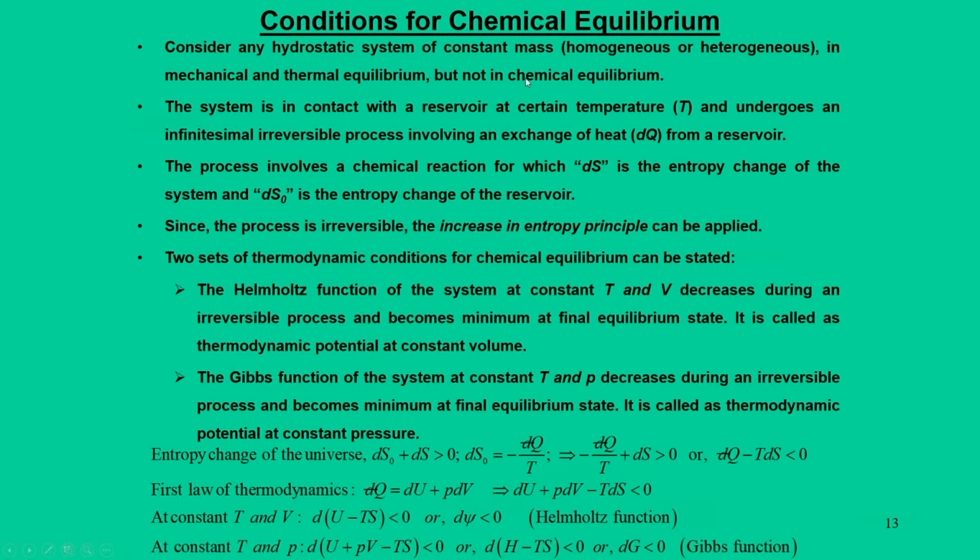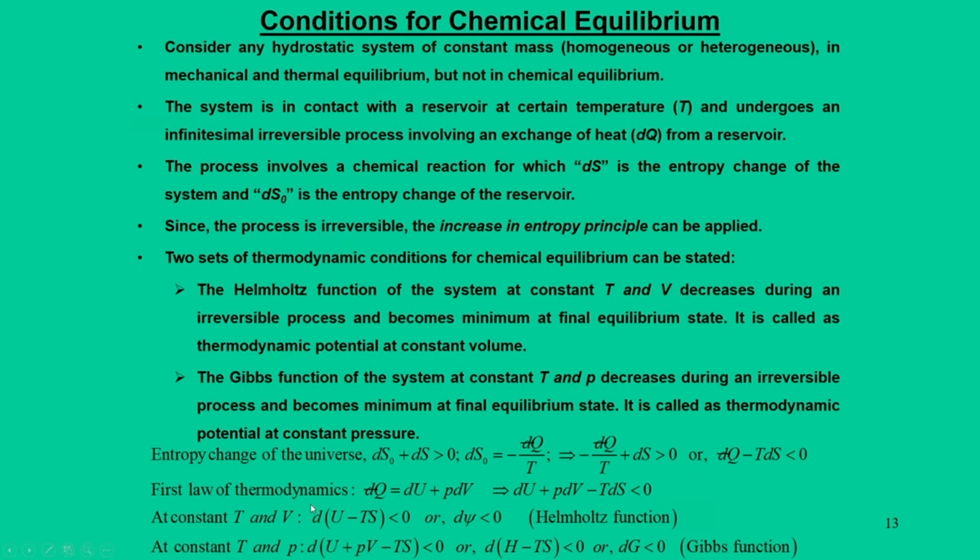When they are not in chemical equilibrium, we expect that some irreversible process is going on due to chemical reactions, and this irreversible change can be defined as the entropy production, which involves the entropy change due to the chemical reaction and the entropy change for the reservoir. That means, when the reaction is in contact with a reservoir, we consider the change in entropy of the reservoir.